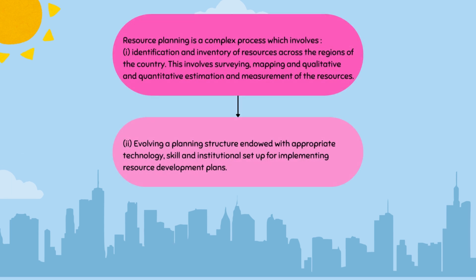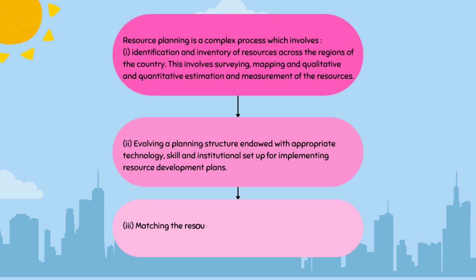The second step involves planning for resource development using appropriate skills, technology, as well as setting up apt institutions required in different regions. Third, is matching the resource development plans with overall national development plans, because resource development and national development go hand in hand.